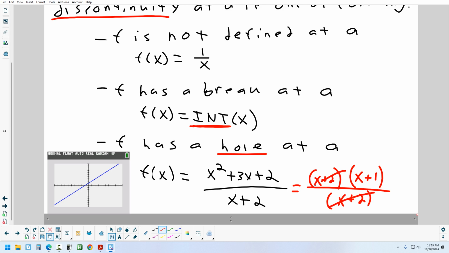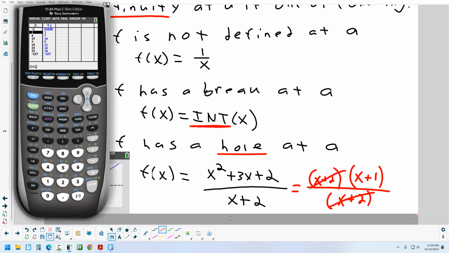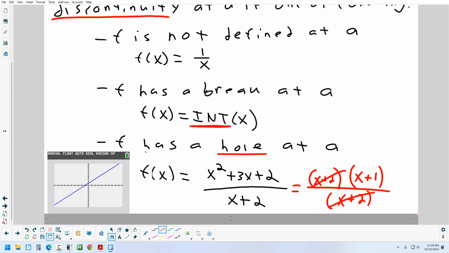It's almost like these x plus 2's cancel out. And the picture that you get when you type in what's in black essentially is going to look like this. They look almost identical. The difference is the one in black has a hole right there.